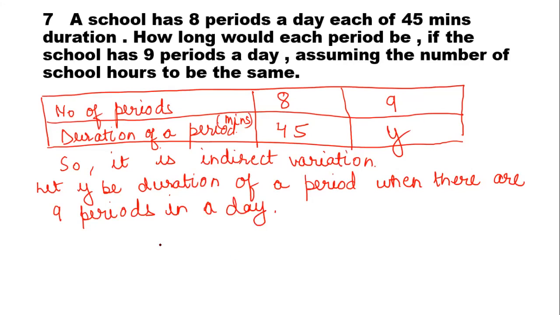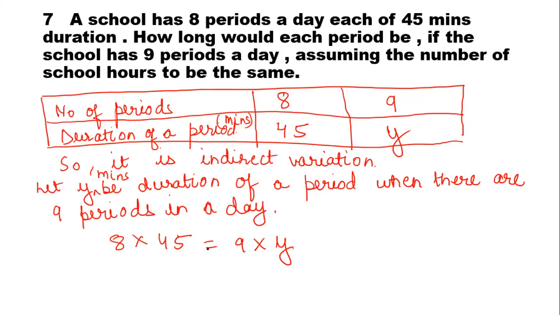If there are 9 periods in one day, what is the duration of the period? It is y minutes. You can also write minutes here. Okay. If there is an indirect relationship, the product should be the same.